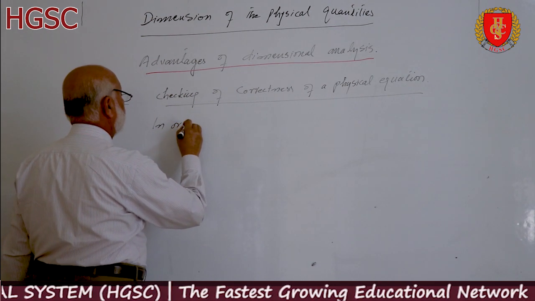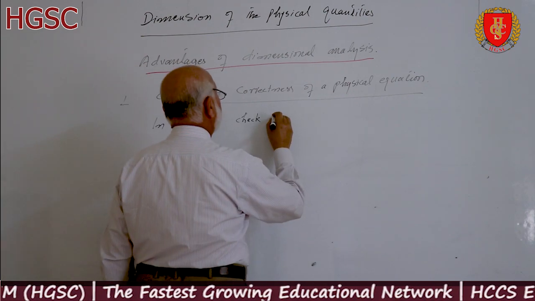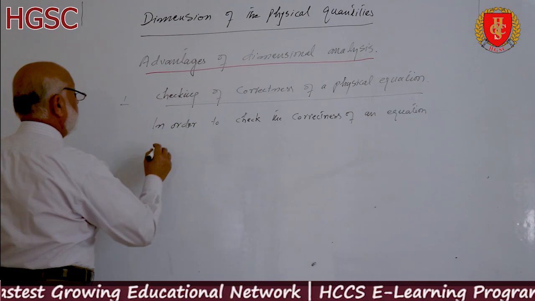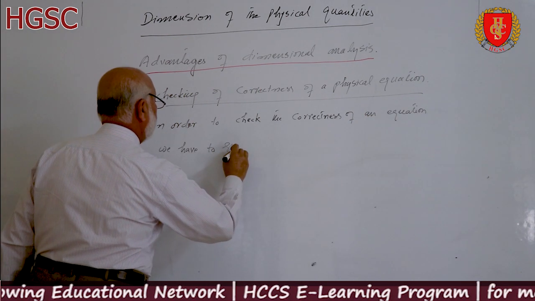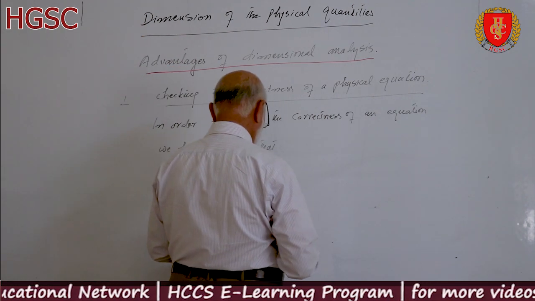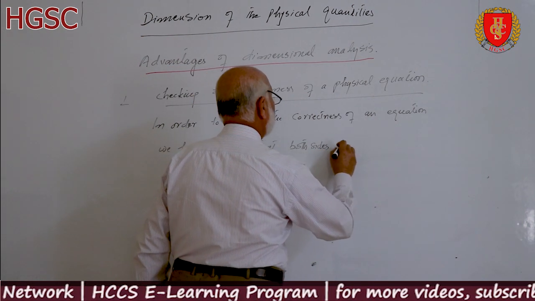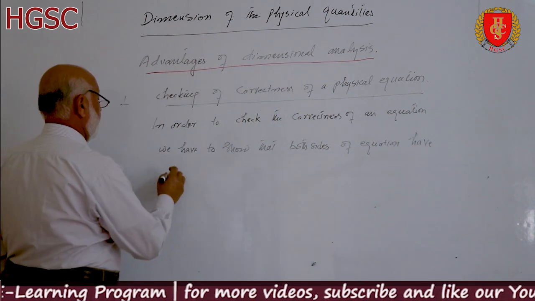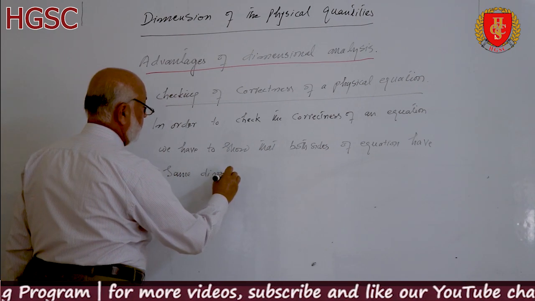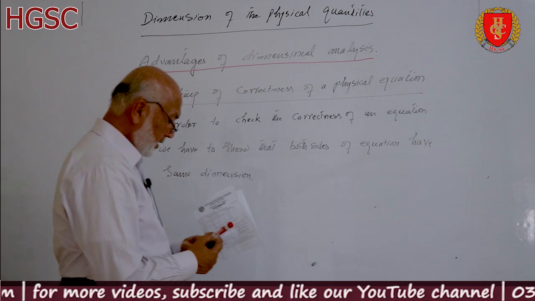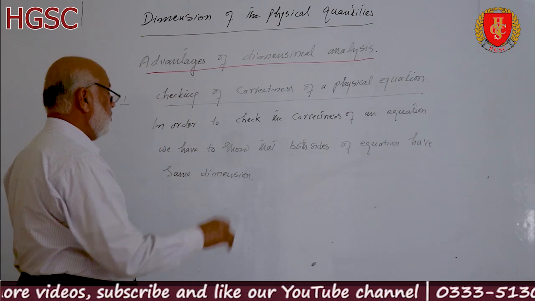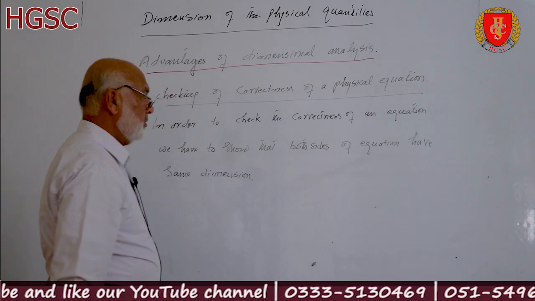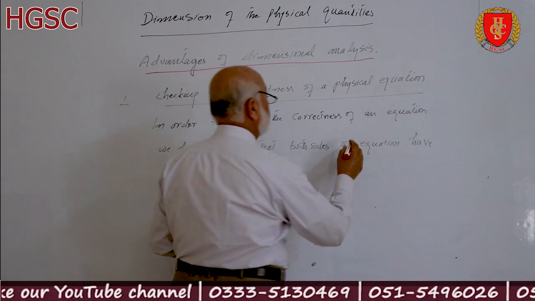In order to check the correctness of an equation, we have to prove that both sides of the equation have the same dimension.